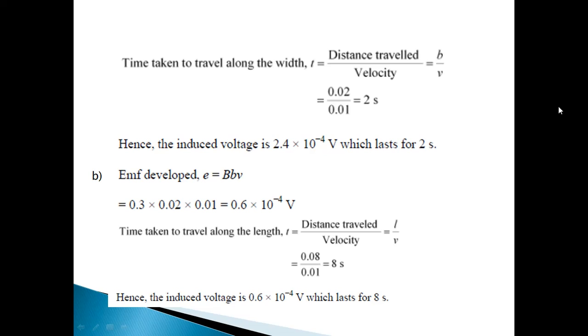Here once again the longer side will be parallel to the direction of motion. So we can calculate the time as distance traveled by velocity, which is longer side by velocity, and you get your answer to be 8 seconds. So for the second part, the induced voltage is 0.6 into 10 to the power minus 4 volts and it lasts for 8 seconds.